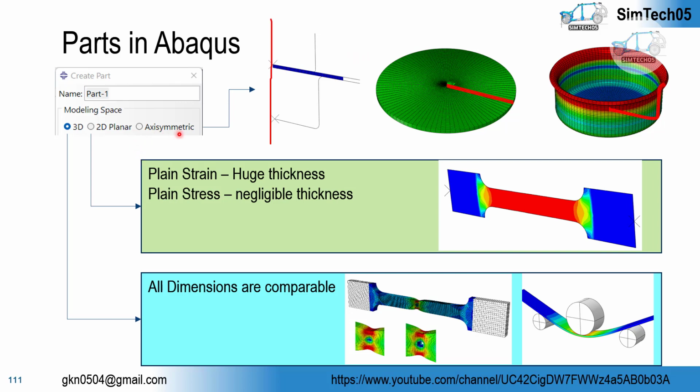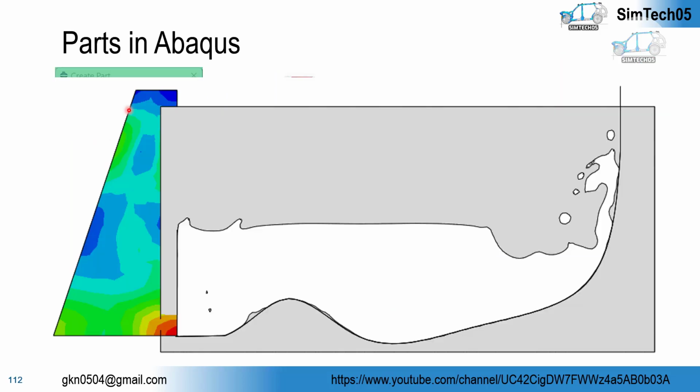There are lots of restrictions to utilize the axisymmetric component: not only the model but also the boundary conditions must be symmetric. There must be an isotropic material and so on. So now we know very well about the 3D modeling space, 2D modeling space, and axisymmetric modeling space.